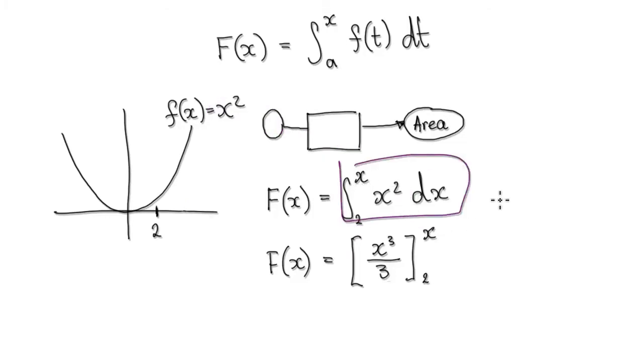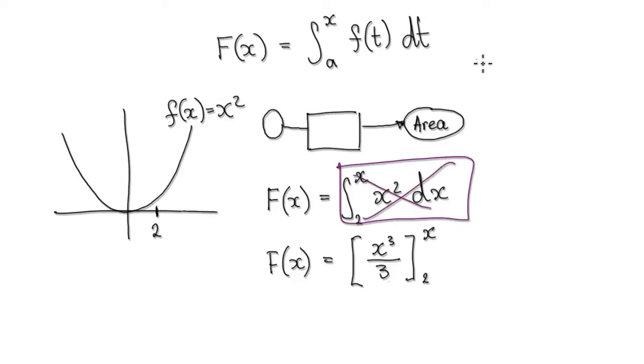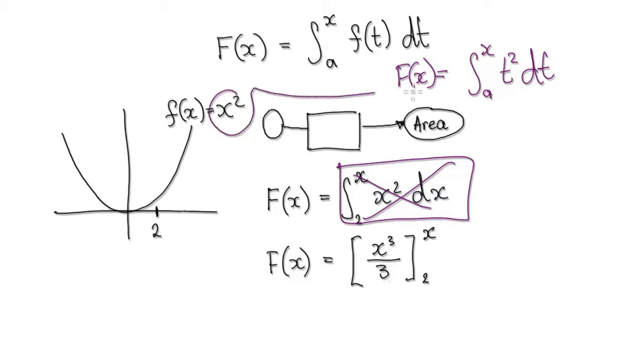To get around this conflict, we would abandon this and just change the name. So from A to x of t squared. If we just change the name, everything works fine. There is no conflict. So let's say this function which we are trying to invent, we're going to call it capital F for the time being, is the integral from A to x of the function itself, with the name changed.